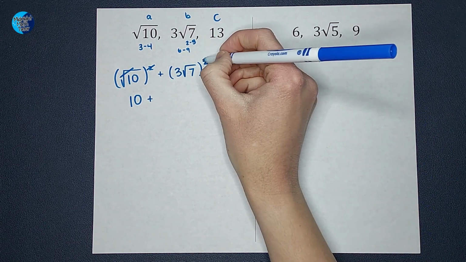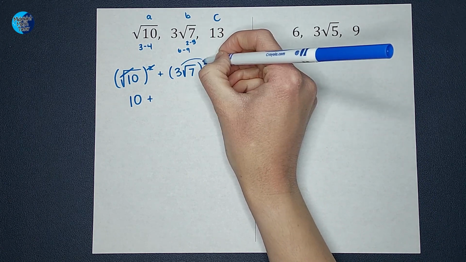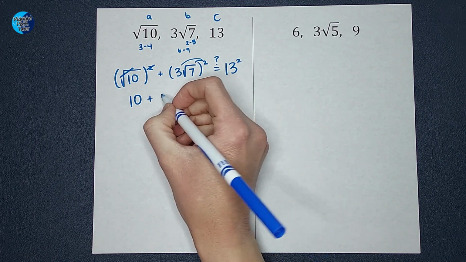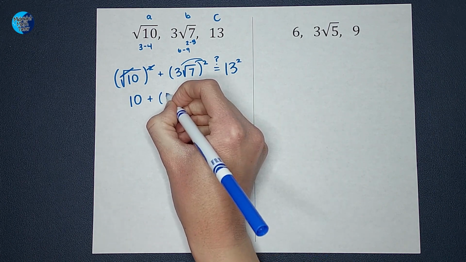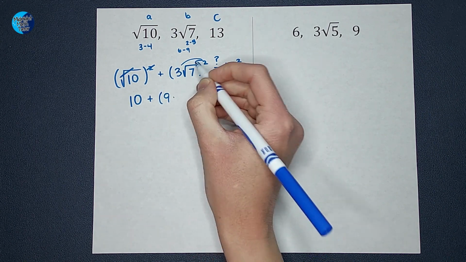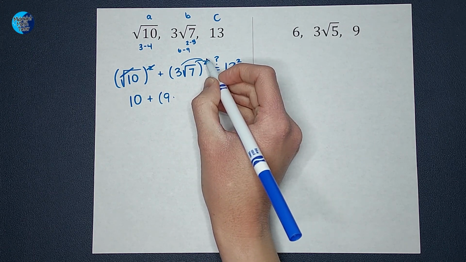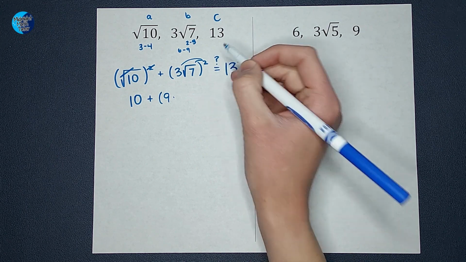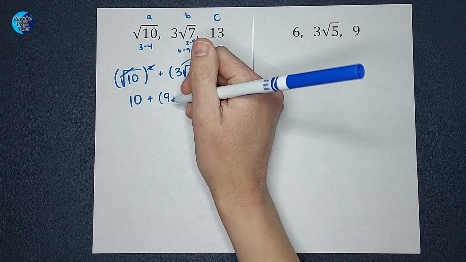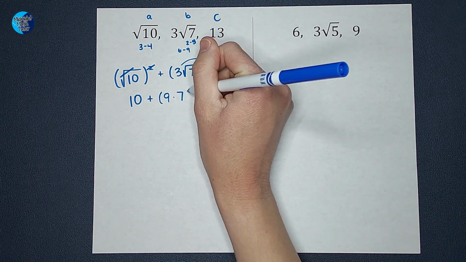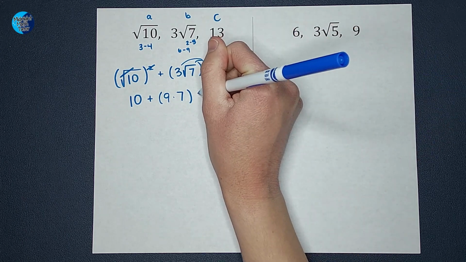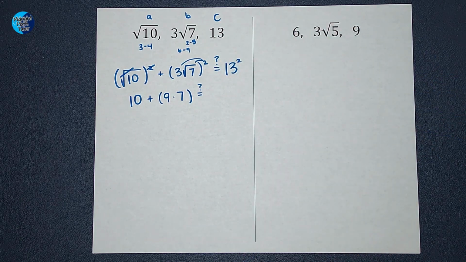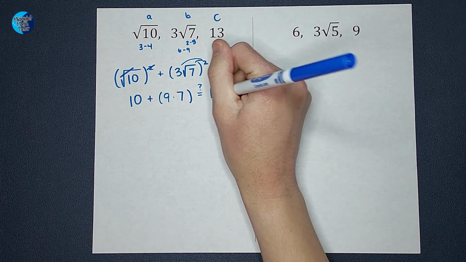I can think of this as the squared goes to the 3 and to the square root of 7. So 3 squared gives me 9 times the square root of 7 squared. Again, the square root and the squared cancel, and I'm just left with 7. Those are being multiplied, and we're still seeing, is this equal to 13 squared? Which is 169.